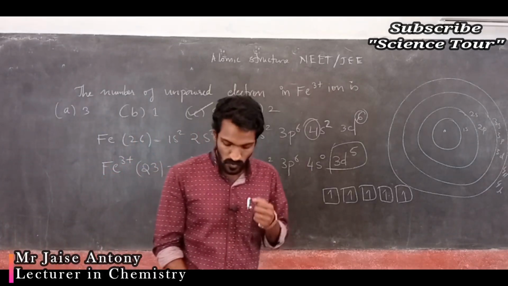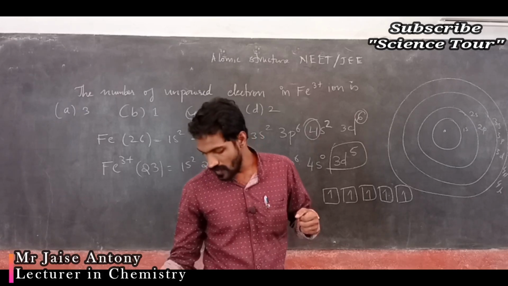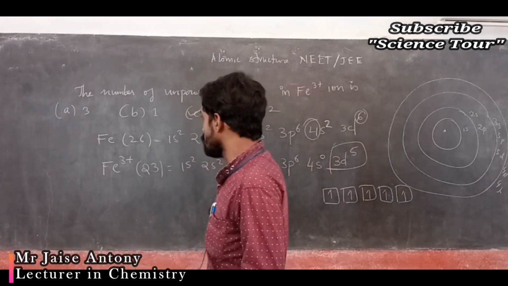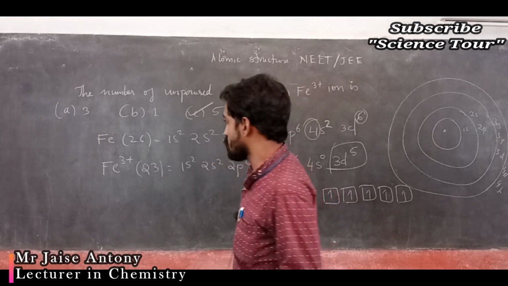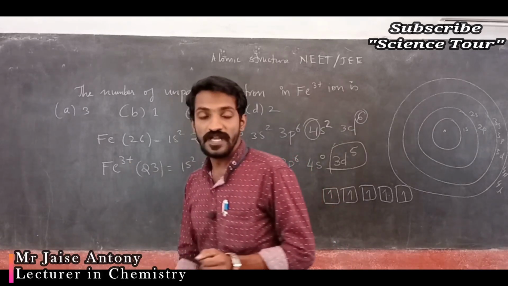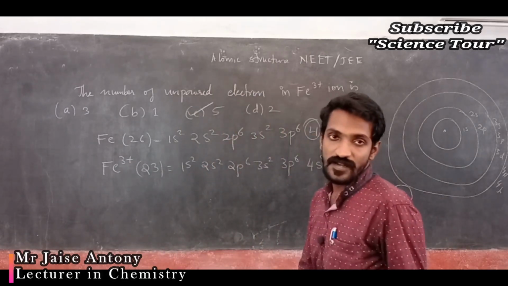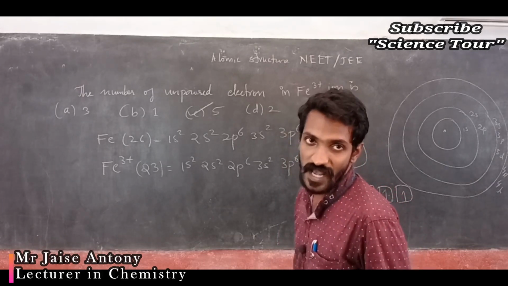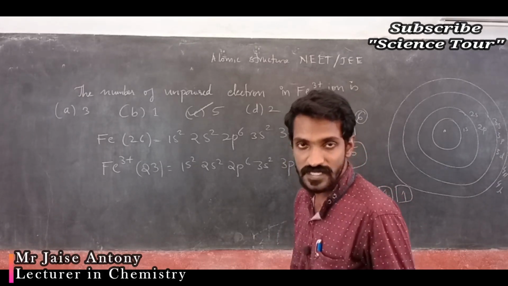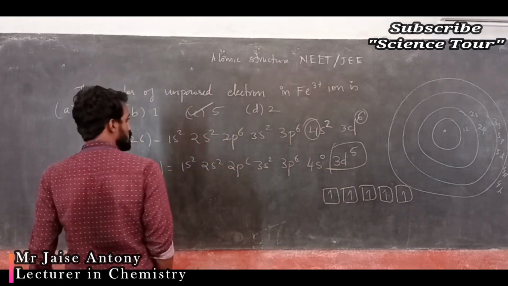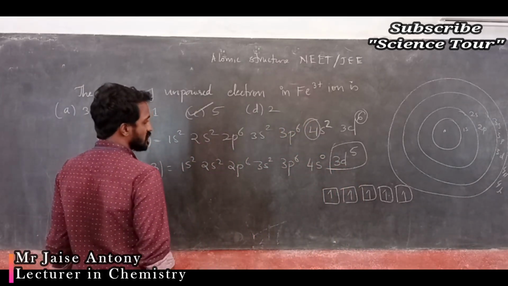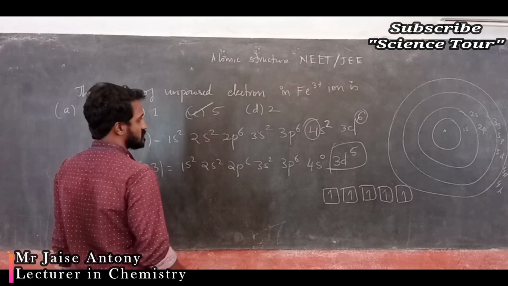To work out this problem, you should know the atomic number. Without knowing atomic number or the element, it is highly impossible to get the answer. My dear students, this is my humble request to each one of you: study atomic number properly. Then you can easily find the answer. Understood?